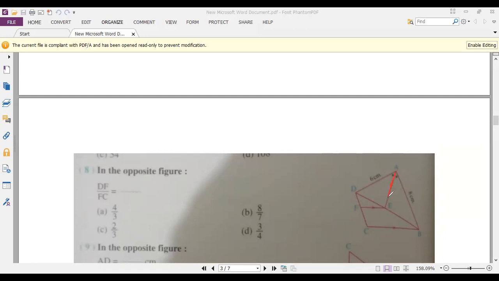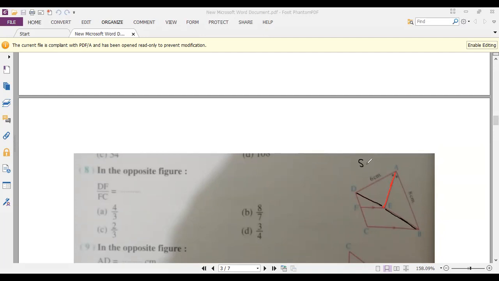The angle bisector divides the base into two parts. This is the base, and these are the two parts. The ratio between them equals the ratio between the other two sides.